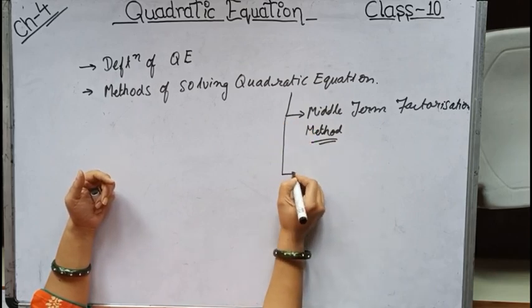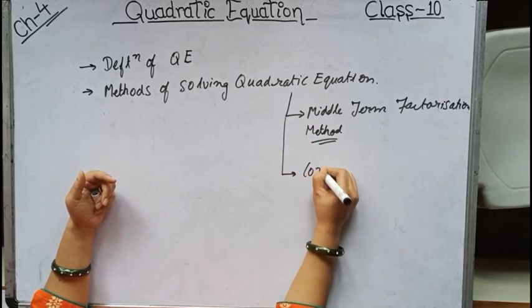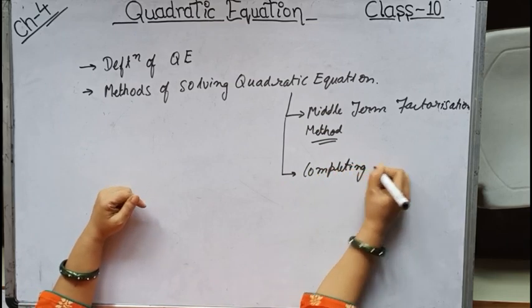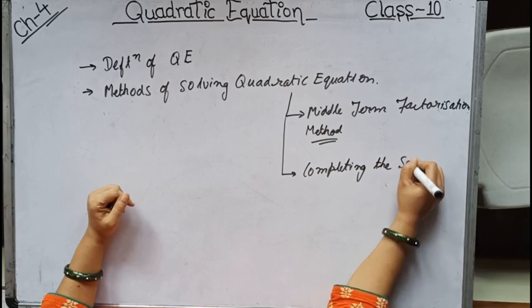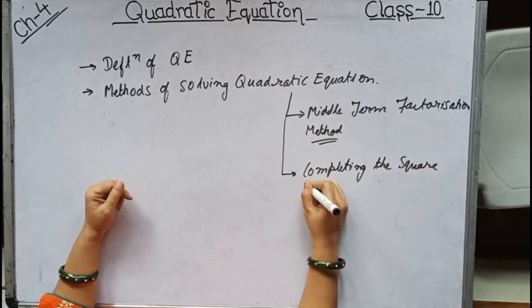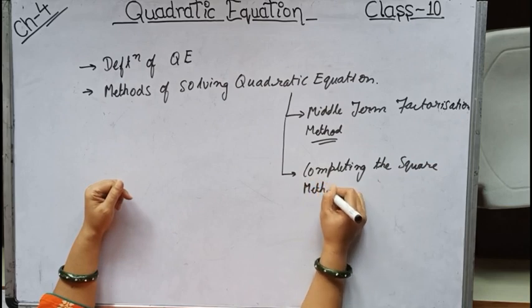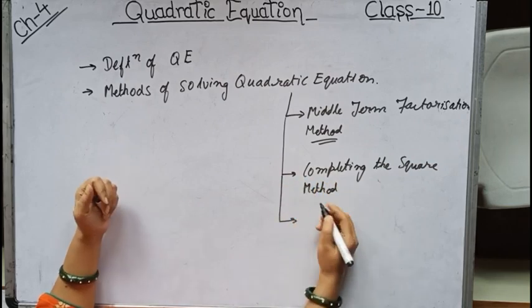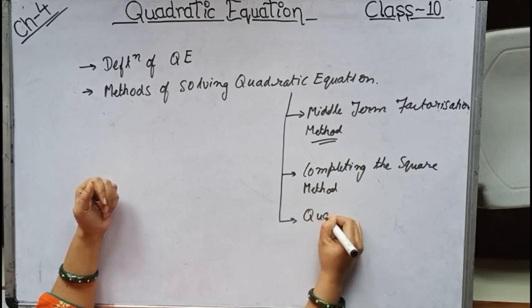The second method is by completing the square. And with the help of this completing the square method only, the formula which came was the quadratic formula.